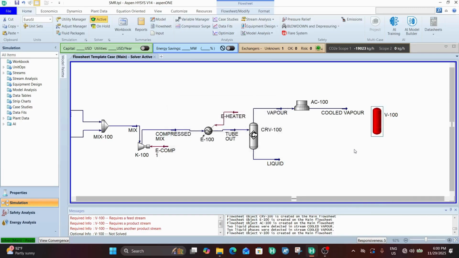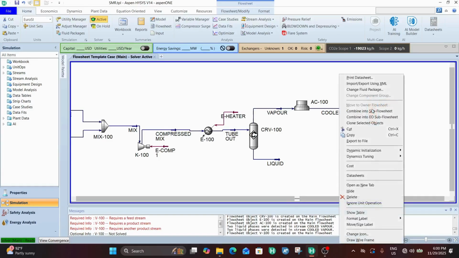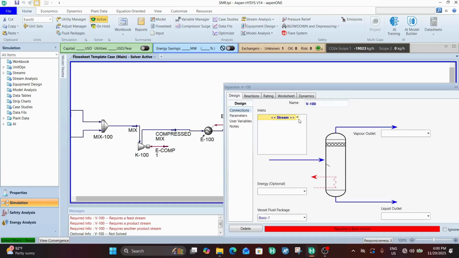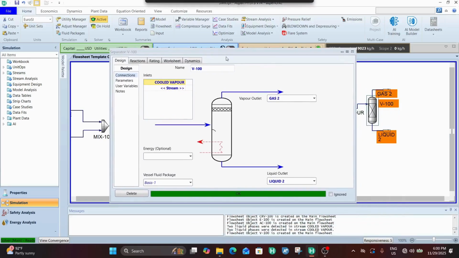Maybe we could use this. It's not much of a difference, so good enough. So go in, again, the cooled vapor, and we can call this gas 2, call this liquid 2, and let's have a look.